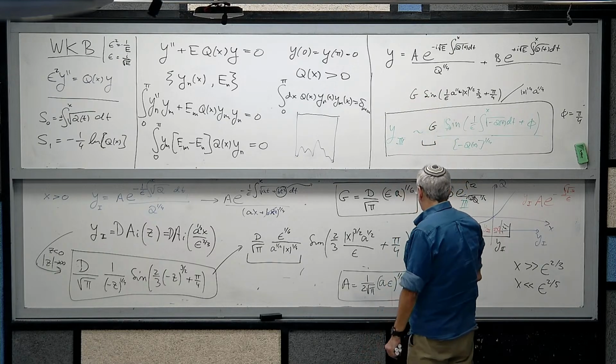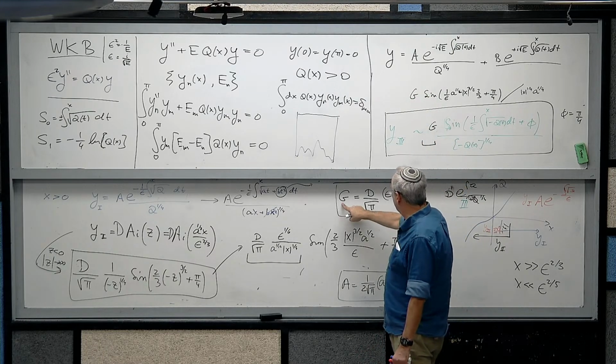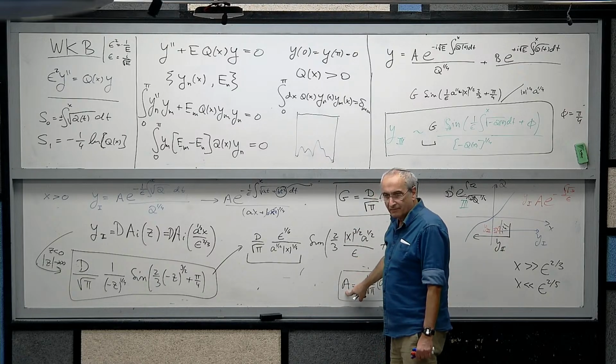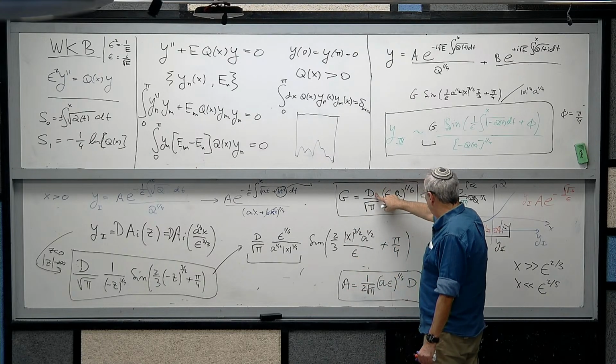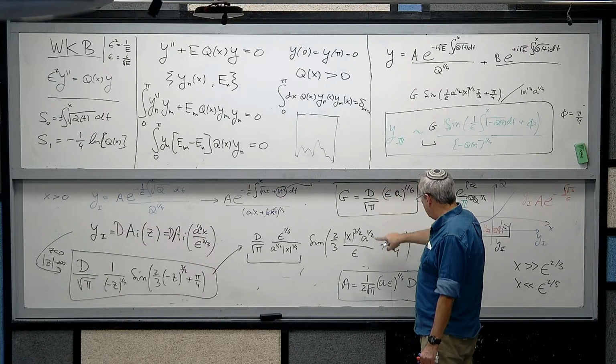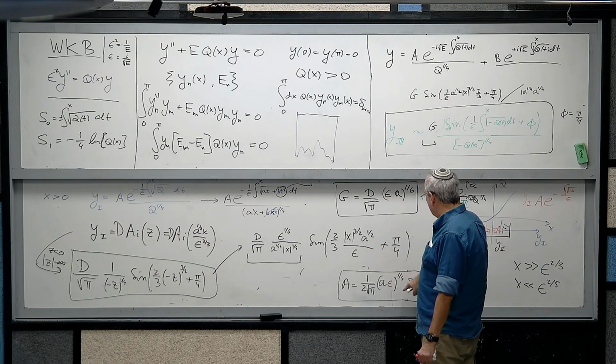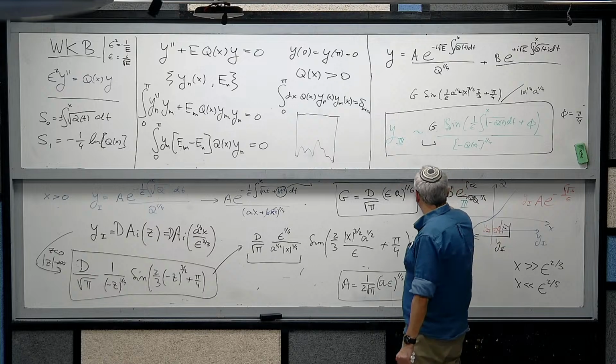So I know I want to make a connection between G and A. So for D, I should plug 2 pi A. Right.